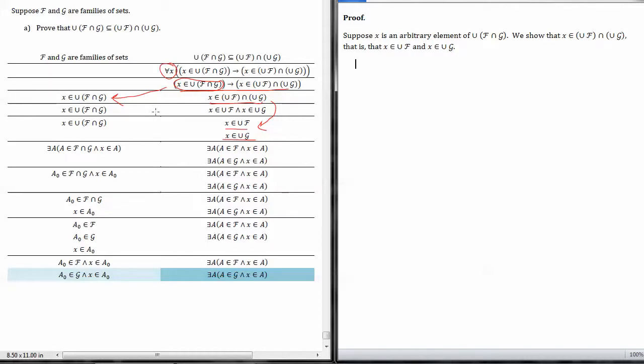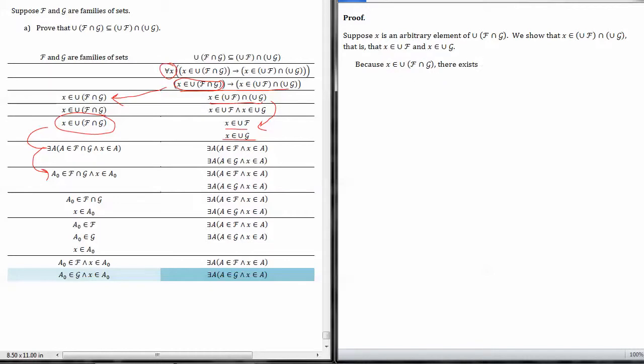Now we hop over to the given side, and we came up with this a naught at some point, because we had that x is in the union, which gave us an existential statement, and then we did existential instantiation. So we should introduce this variable a naught because x is in the union of f intersect g.